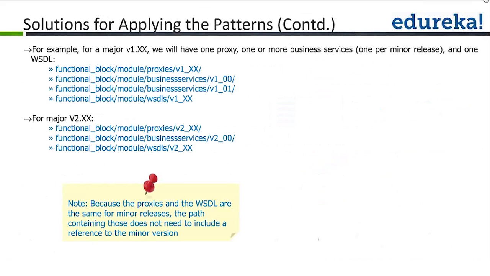So ESB will be in place, and you will just create a proxy service, and if there is a new version, then you will create a new stage. A stage is a kind of new component that you create with every proxy. Let's say in this example, there is a new business service v1_u02 which is added.